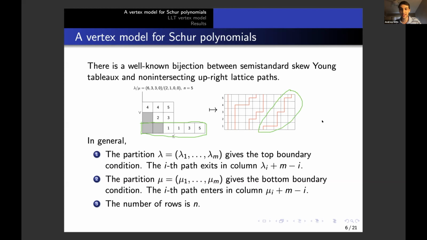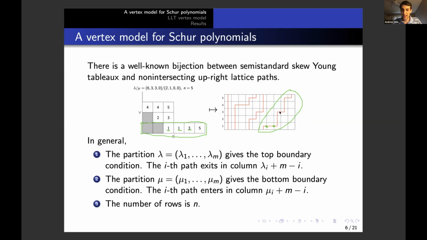And the way to think about this is that the filling gives you exiting directions. Namely, this one tells me the first place where the path exits to the right. So that one corresponds to the path going to the right in row 1. This one gives me that.